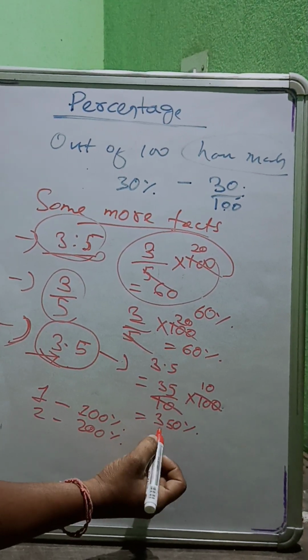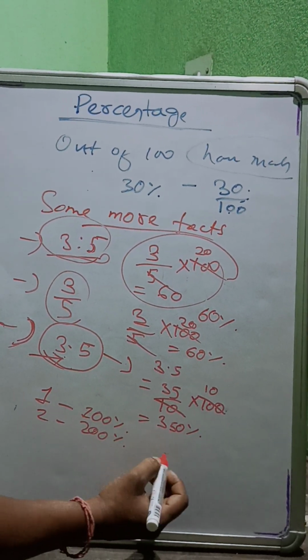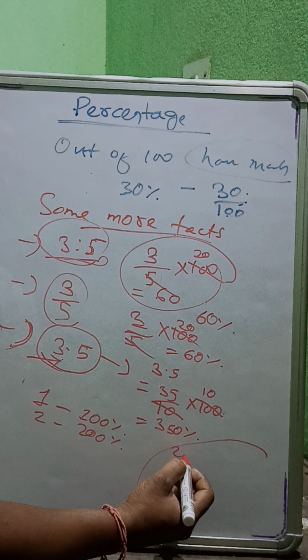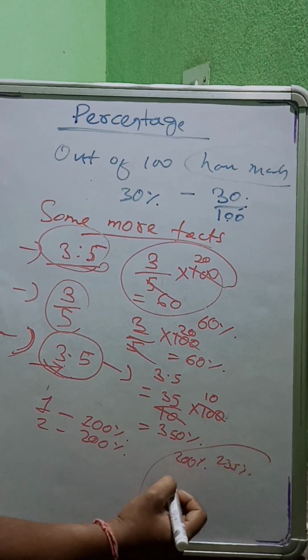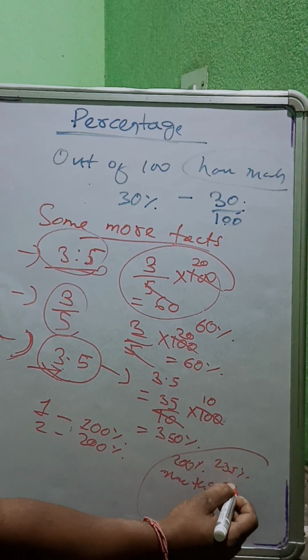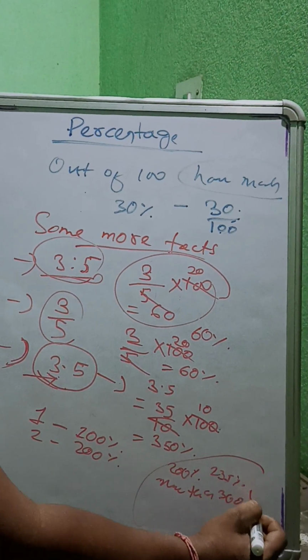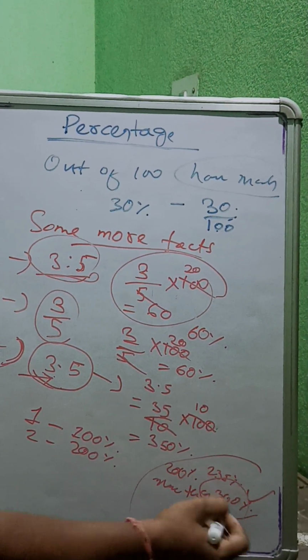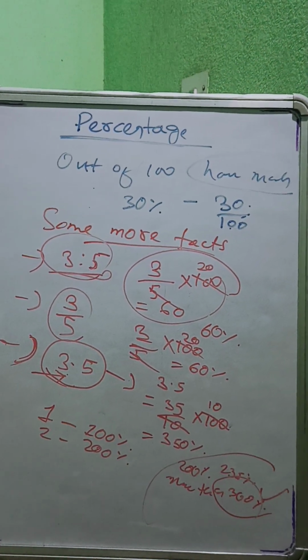So if there are options, 3.5 is dash percent. If the options are 200%, 235%, more than 300%, this option is right. You can know about it.